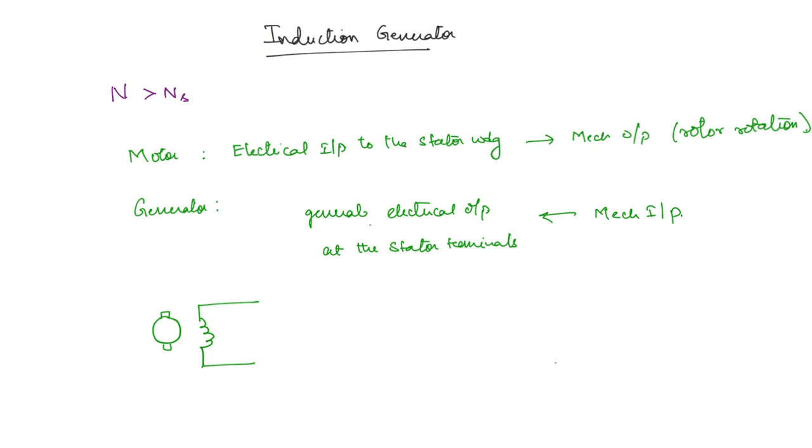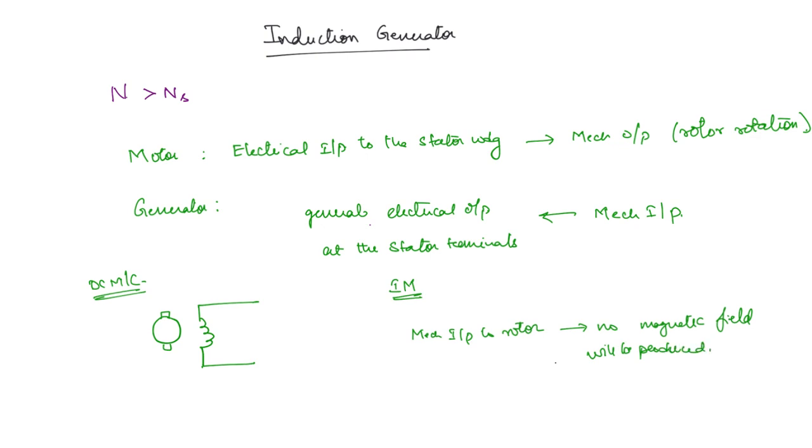So why is that? This is the DC machine that we have drawn here. So what happens in the induction machine? Here IM is induction machine, not induction motor. When you give mechanical input to rotor, then no magnetic field will be produced, simply because magnetic field requires a current.